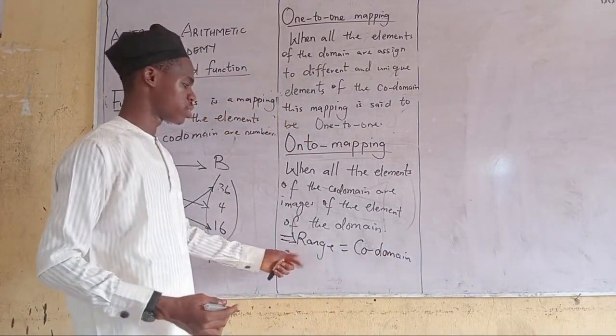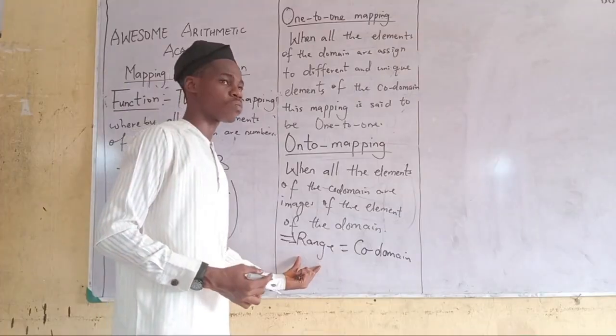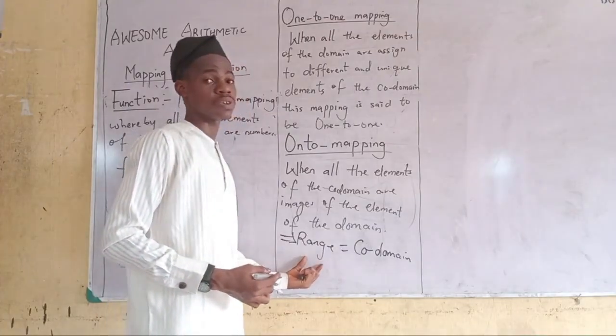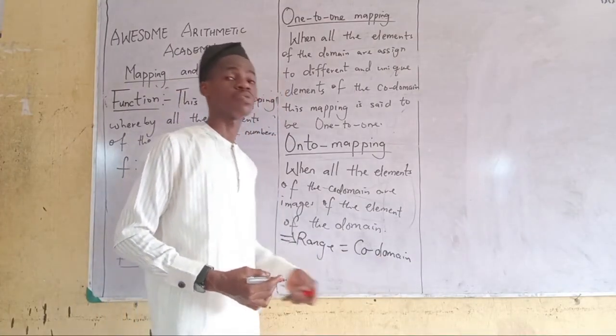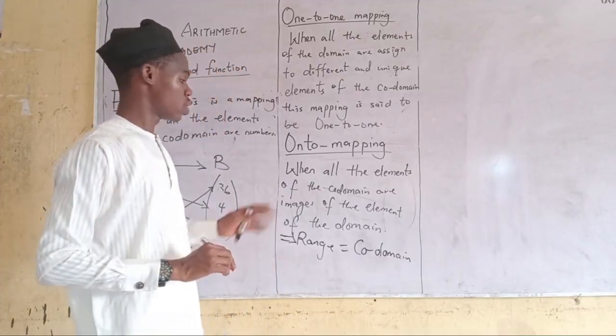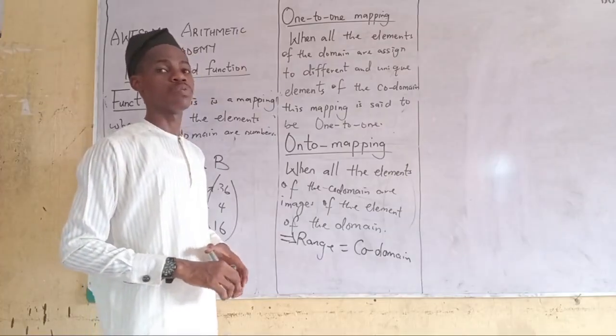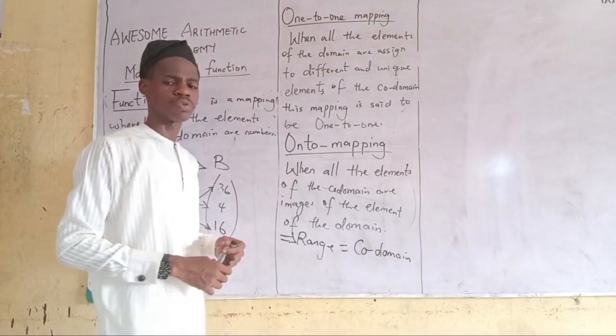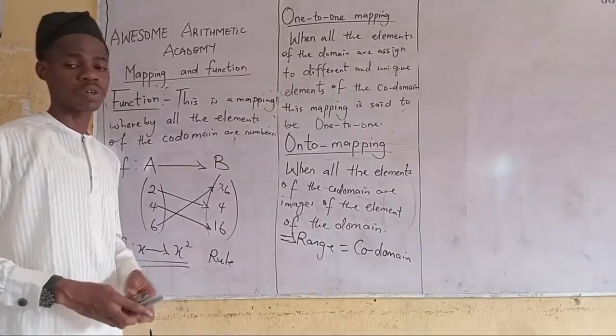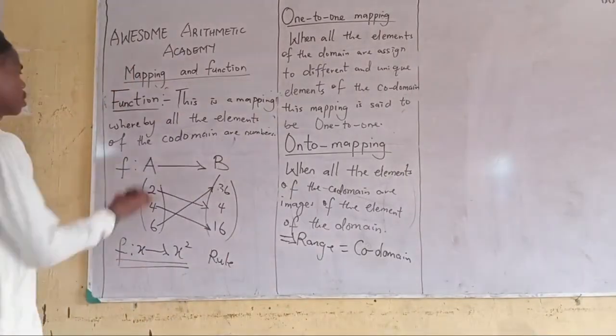That is, the set of elements of the range and the set of elements of the codomain are equal. So in that case, we call it an onto mapping. So let's give an example to see what we are saying under this one-to-one and onto mapping.